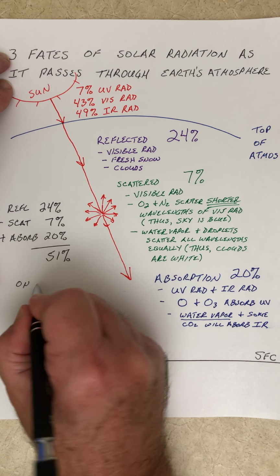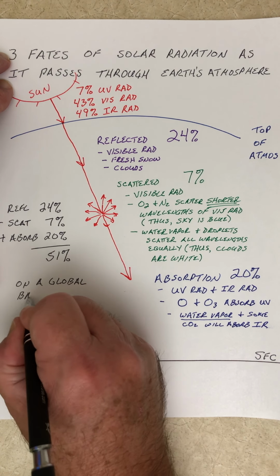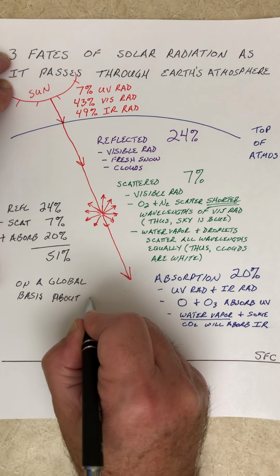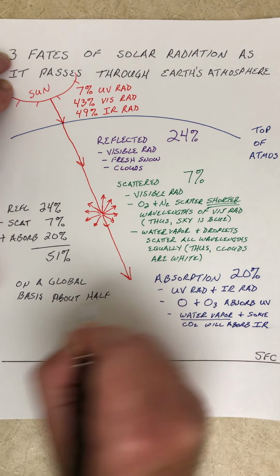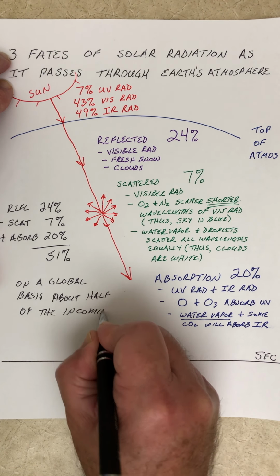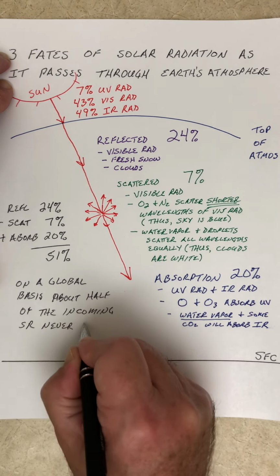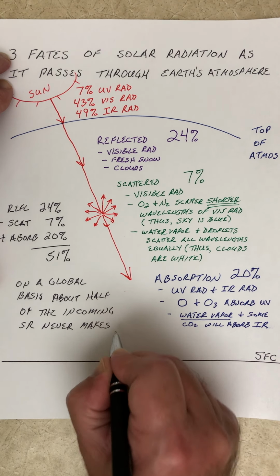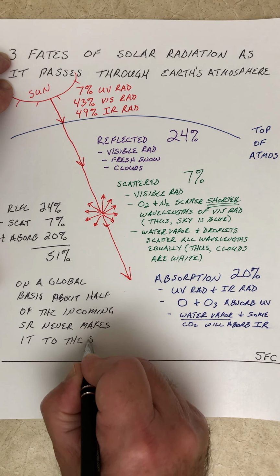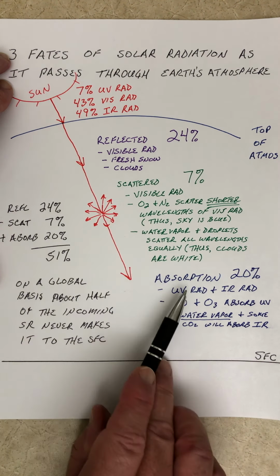So on a global basis, about half of the incoming solar radiation never makes it to the Earth's surface, because it's reflected, scattered, and absorbed.